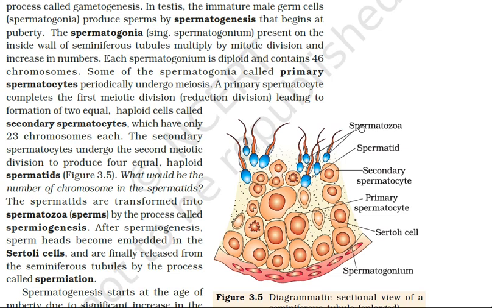These in turn undergo a quick second meiotic division, which is also termed equational division because it is similar to mitosis.